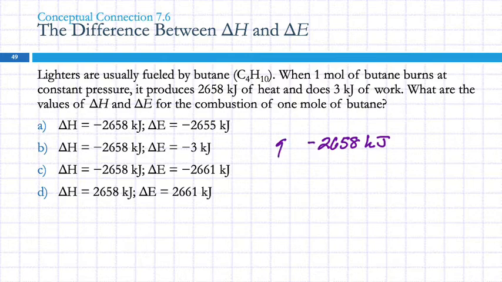So Q for the system is going to be negative. And then we've got 3 kilojoules of work. The system is doing work. Is that positive or negative? Do you like doing work? Negative. It's negative. Do you like it when people do your work for you? Yes. Okay, so both of those are negative, right?